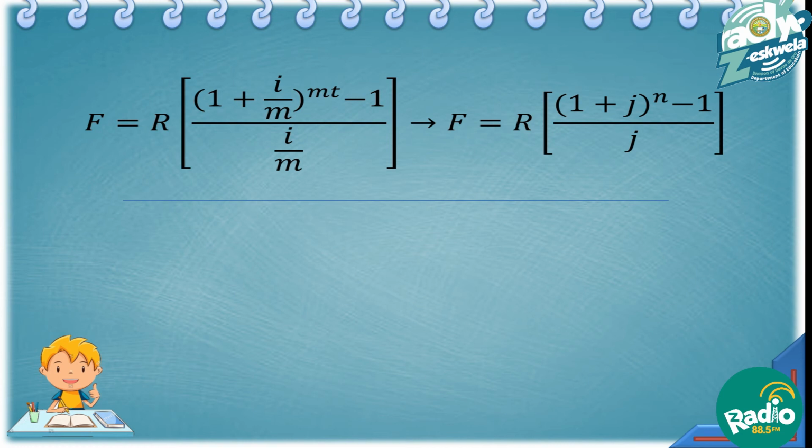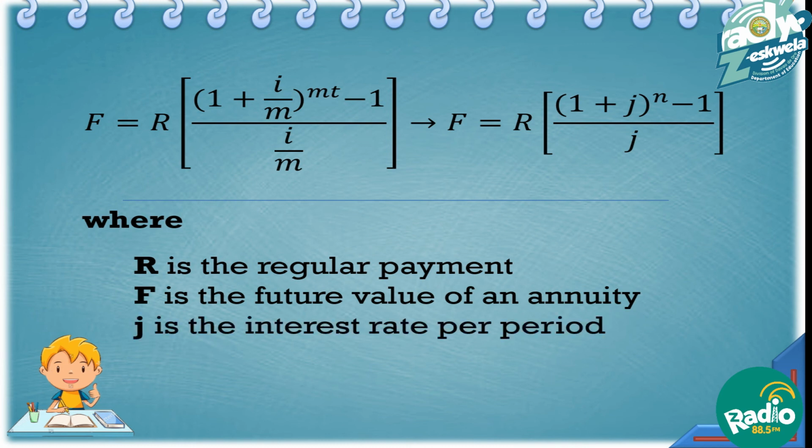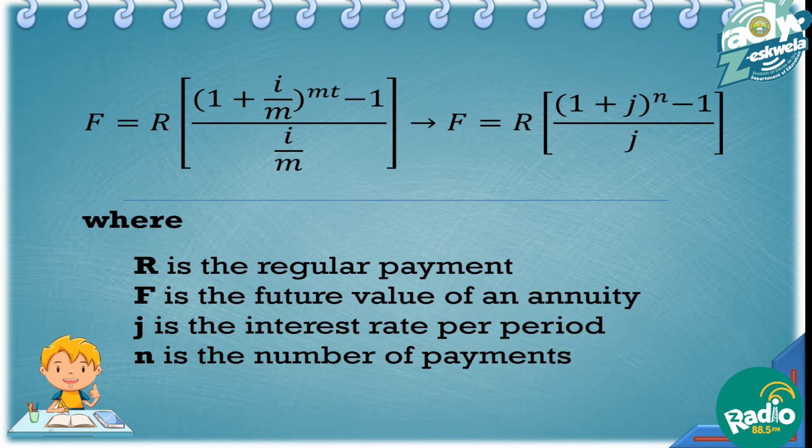Or in a shorter way, F = R times the quantity of (1 + j)^n minus 1, over j, where j = i/m, n = mt, R is the regular payment, F is the future value of an annuity, j is the interest rate per period, and n is the number of payments.